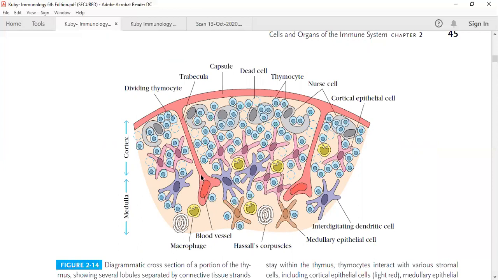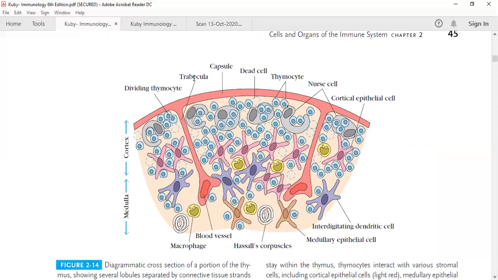These have blood vessels through which these cells can move to other sites and other cells can come to this particular organ. So this is called trabecula.